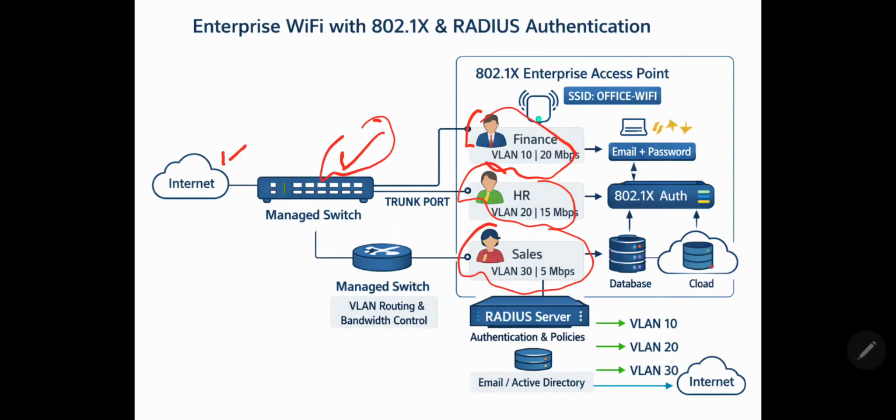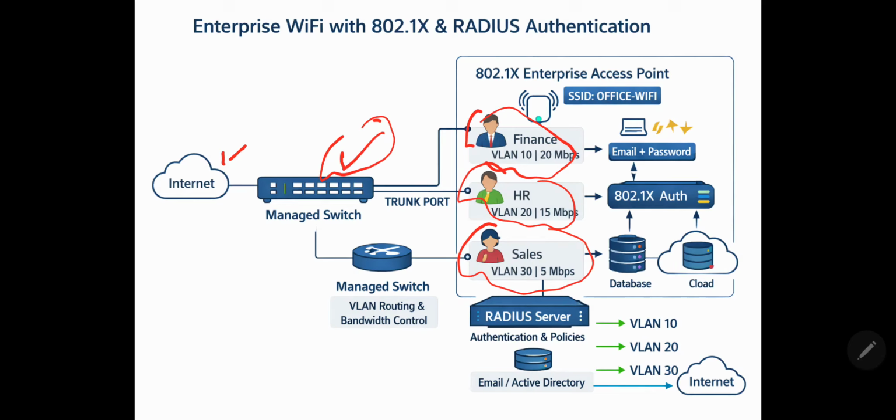Okay, internet. This is the main internet connection coming from the ISP, internet service provider. All users access the internet through this connection. Managed switch, or main controller. The managed switch works like a traffic manager.